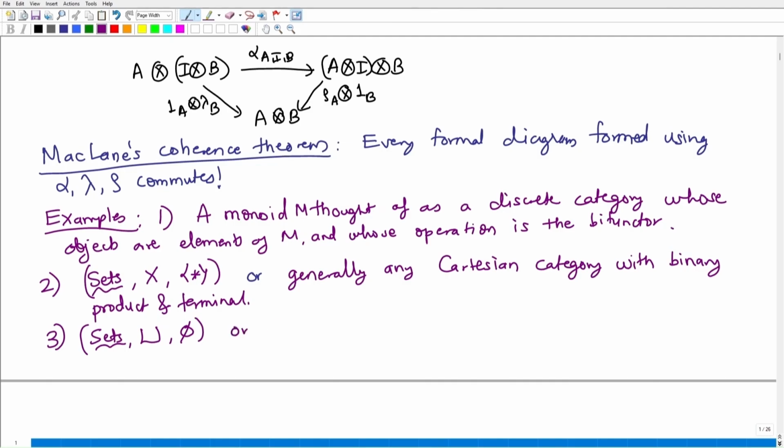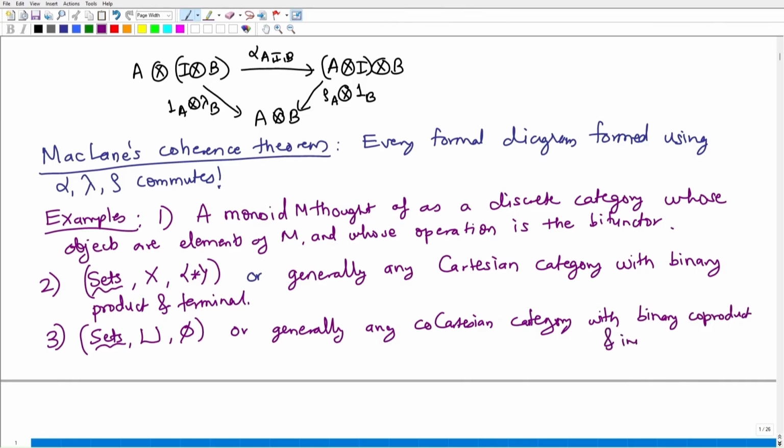So I can write, or generally, any co-Cartesian category with binary coproduct and initial object. Initial object will be the identity for this bifunctor. Yeah, obviously.